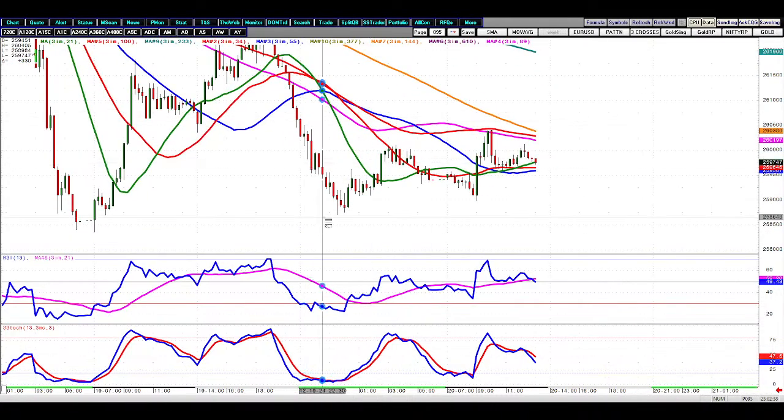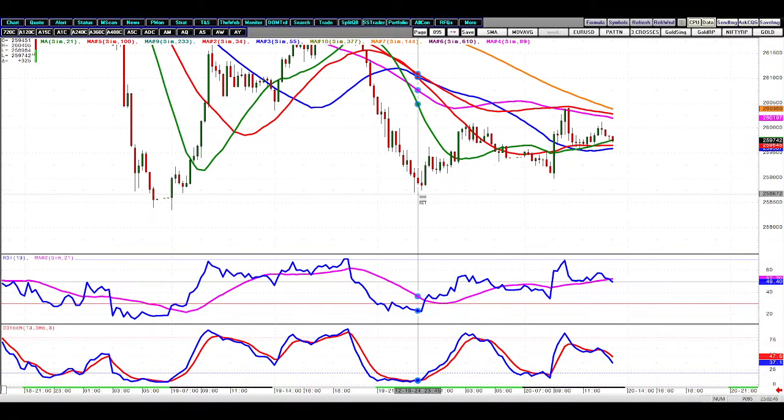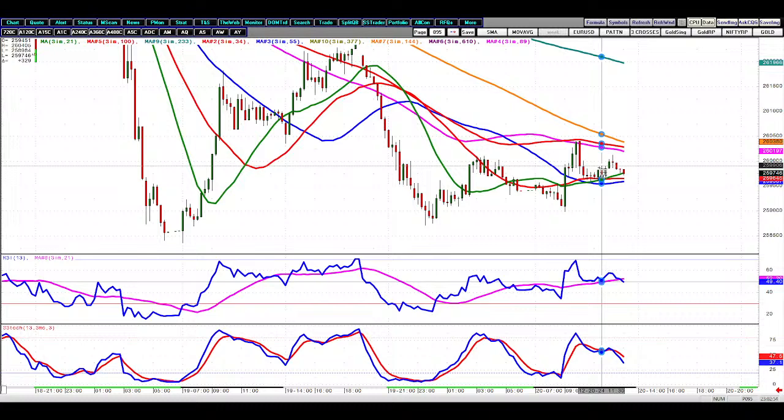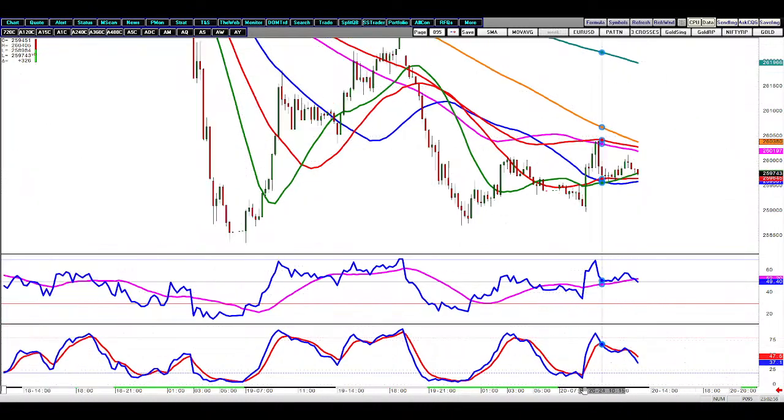Okay, now let me think. Okay, so we are seeing higher lows. Okay, higher lows, higher highs, no strength.